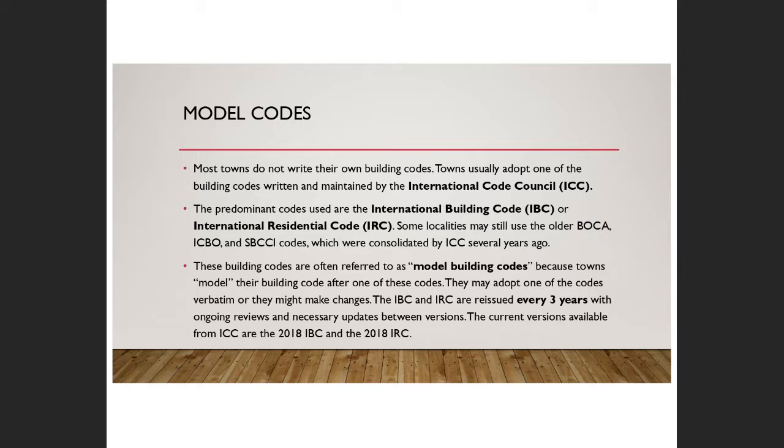So again, these model building codes are typically revised or updated on 3-year cycles, and the town or a village adopts that building code. And let me switch to the next slide here, hold on.